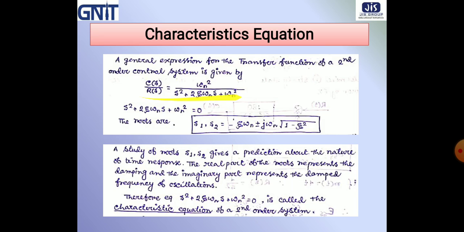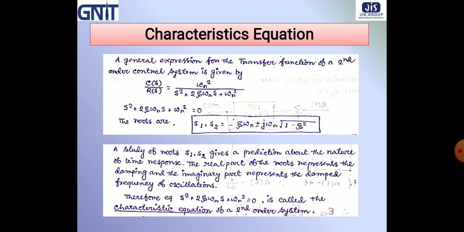So for this transfer function, if we want to find the poles or the roots of the system, then we have to put the denominator equal to 0, that is s square plus 2 zeta omega n s plus omega n square is equal to 0. And if we calculate the values of s from this equation, then those values of s will be the roots or the poles of the closed loop system.